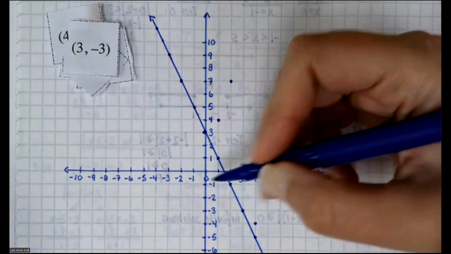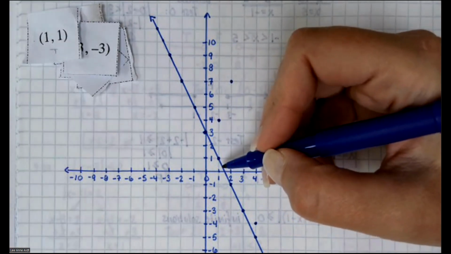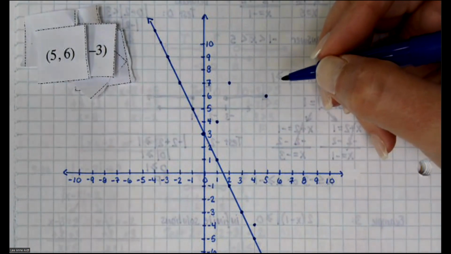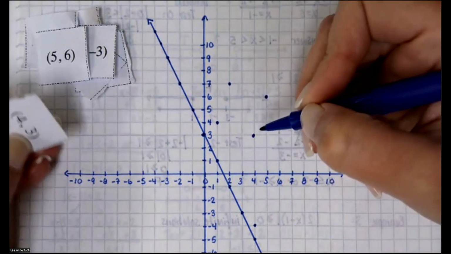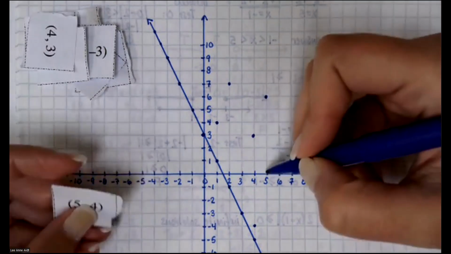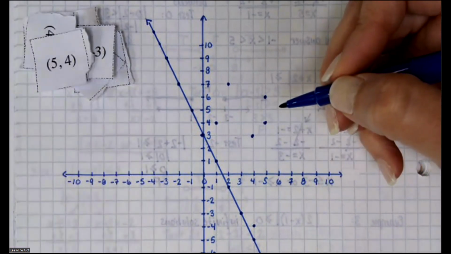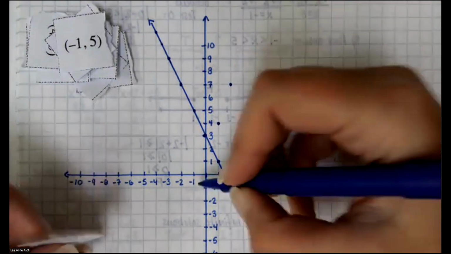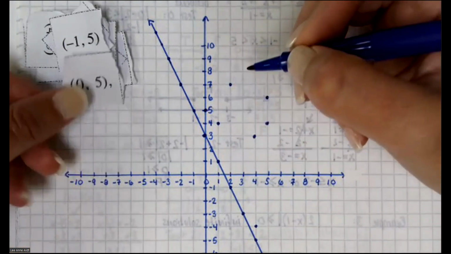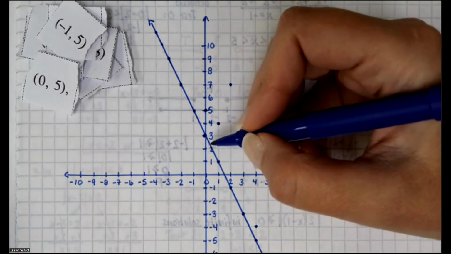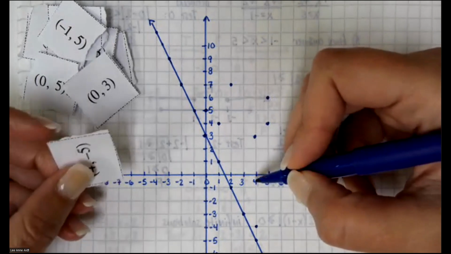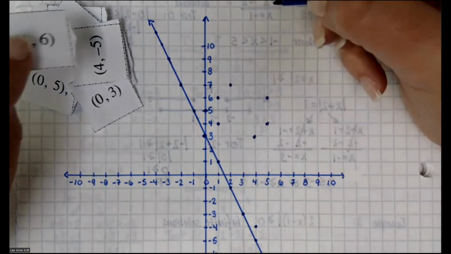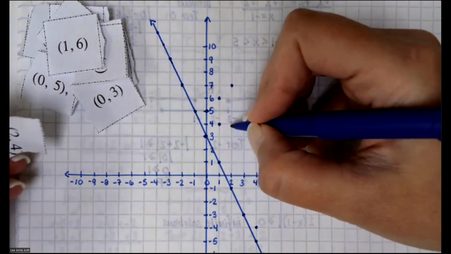Excellent. 1, 1, already graphed. 5, 6. 4, 3. 5, 4. -1, 5, already graphed. 0, 5. 0, 3, already graphed. 4, -5, already graphed. Well, getting lazy now. 1, 6. 2, 4.